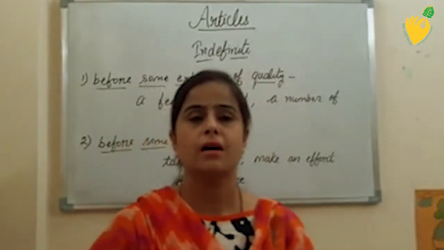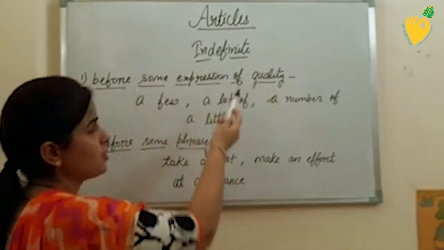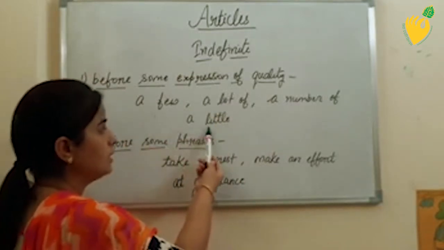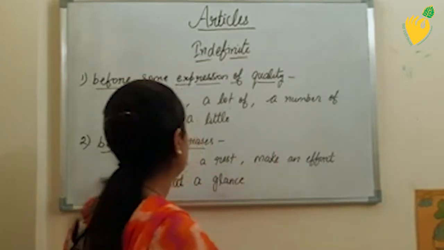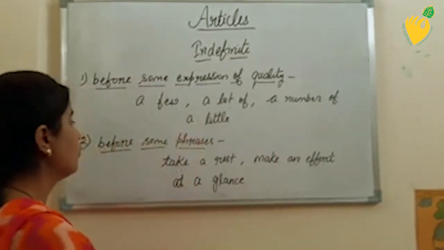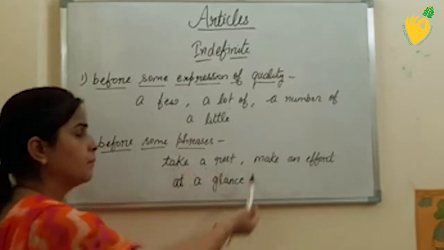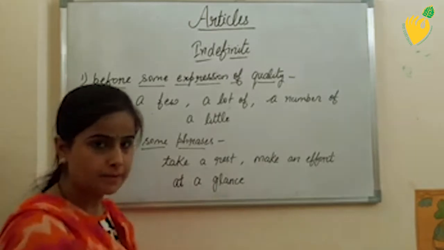Indefinite articles are also used before some expressions of quantity. For example, a few, a little, a lot of, a number of. It is also used before some phrases like take a rest, make an effort, at a glance.